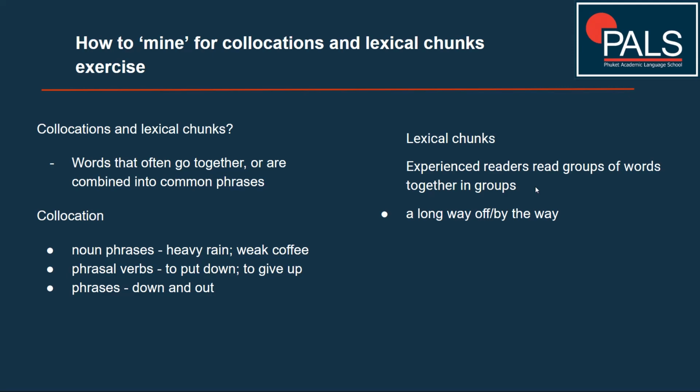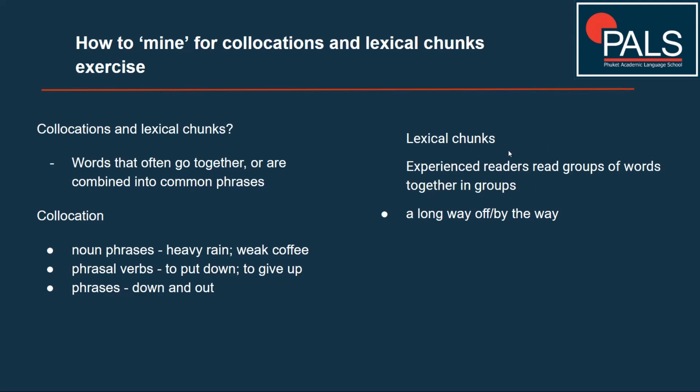So fast readers do not read individual words. They read groups of words. And the way they group these together is known as lexical chunks. It may be 3 words, maybe 4 words, maybe 5 words in a group that we comprehend. We comprehend them used together rather than being just individual words. And we'll look at some examples in a moment.